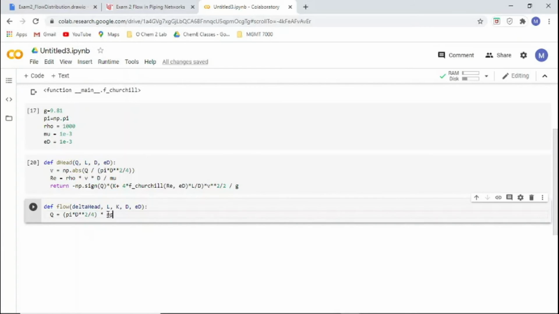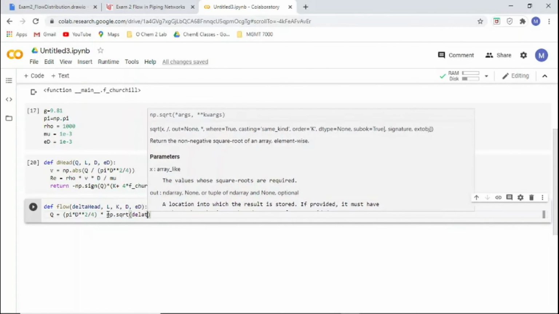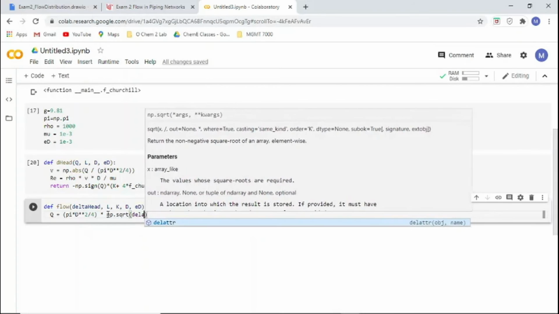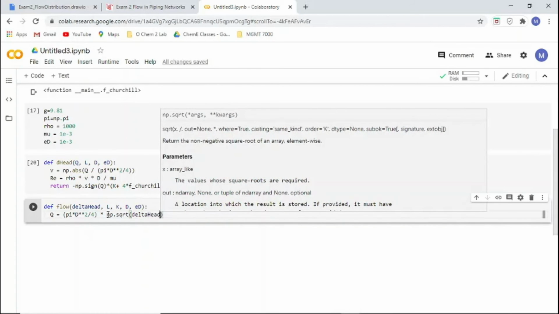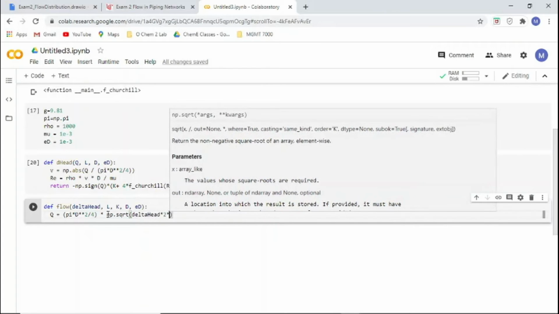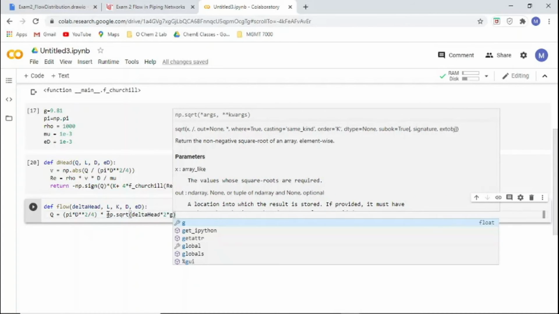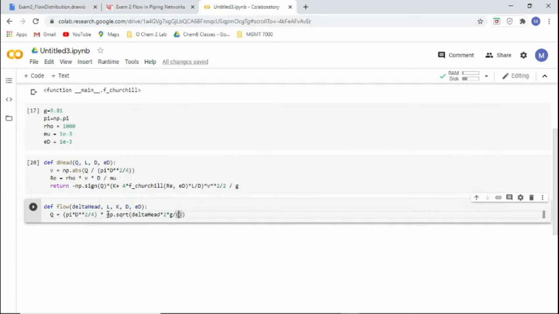So that's going to be mp.sqrt, which takes the square root of the delta head times 2 times acceleration due to gravity divided by, and we're going to put this in parentheses, the K factor plus 4 times our Fanning friction factor, which we're just going to put little f right now.